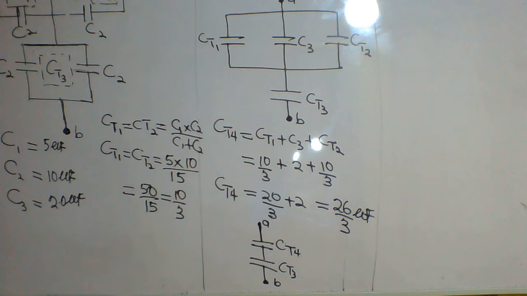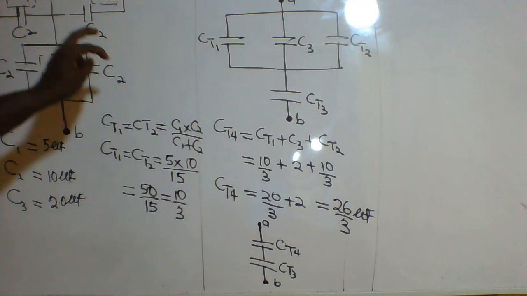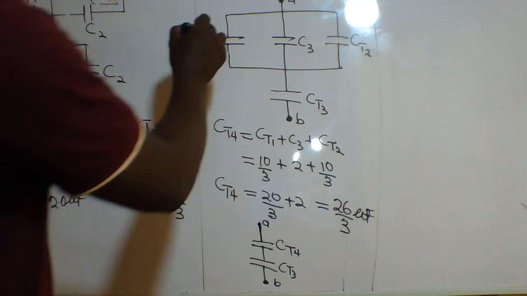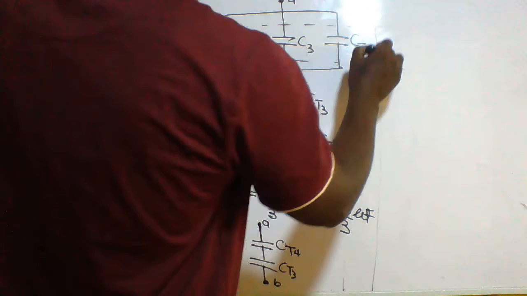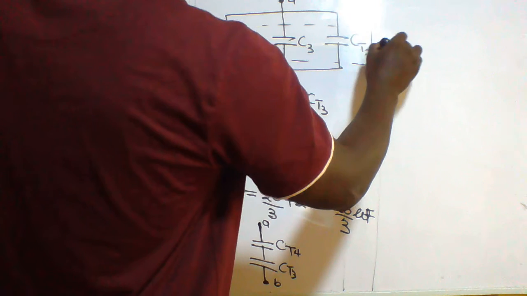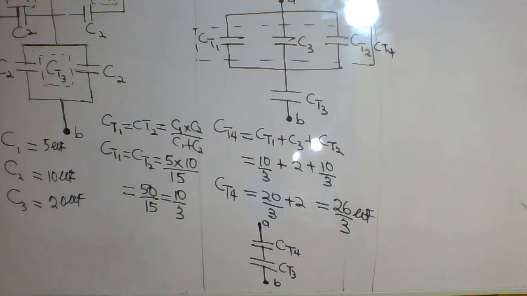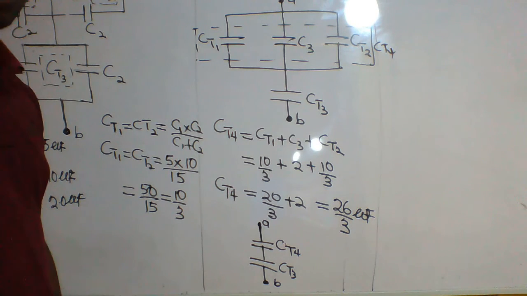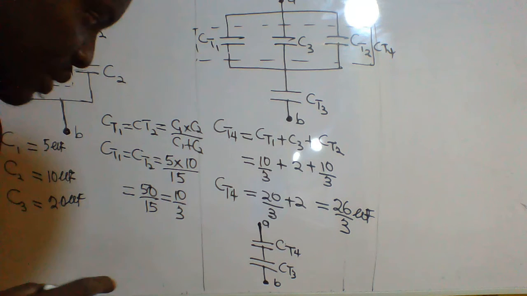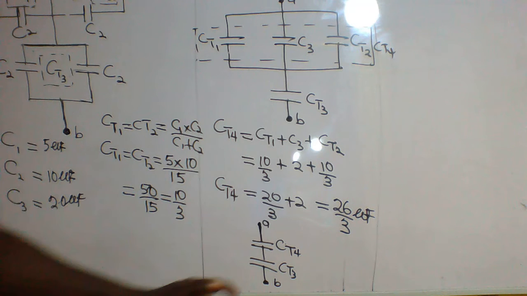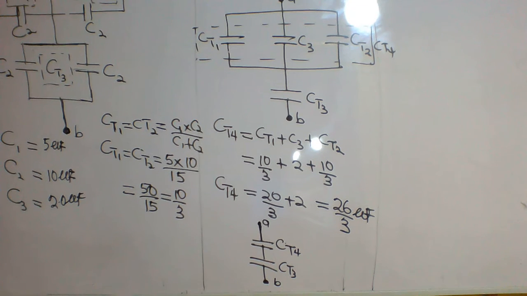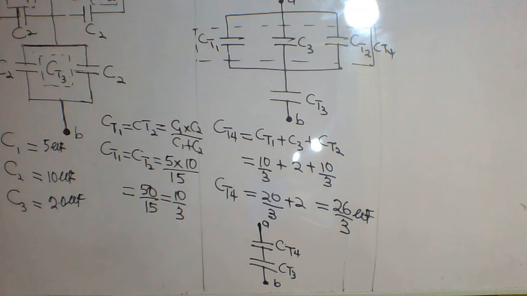This is the point B. What it means is that CT4, the total of this, is in series with this. And when capacitors are in series, we apply the product of this on the summation of that.